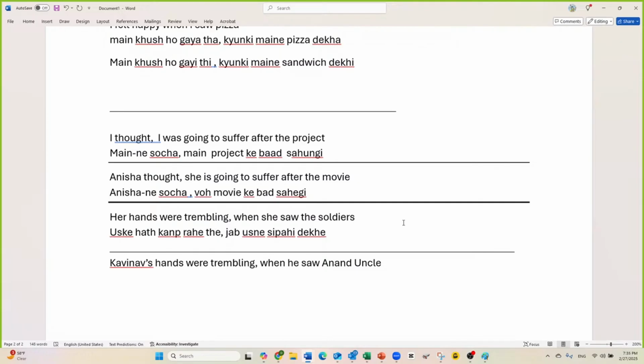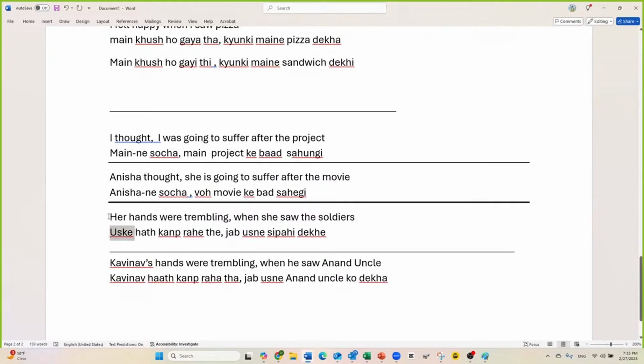Kavinav हाथ कांप रहे थे, रहा था जब उसके. I don't remember which one. Usna. What did he see? Anand uncle. को देखा. देखा.